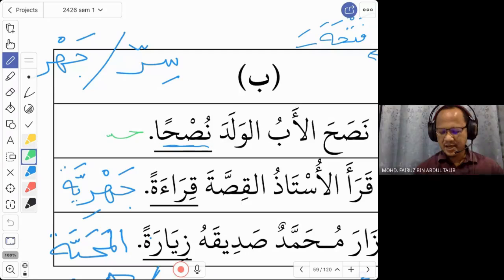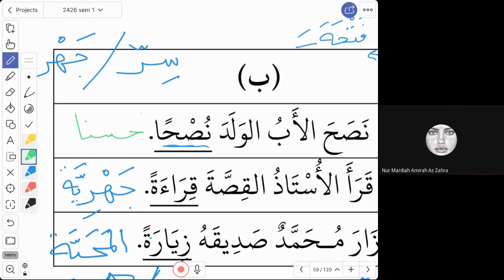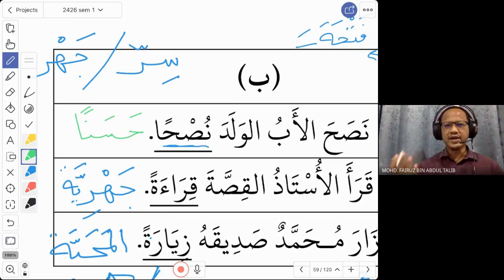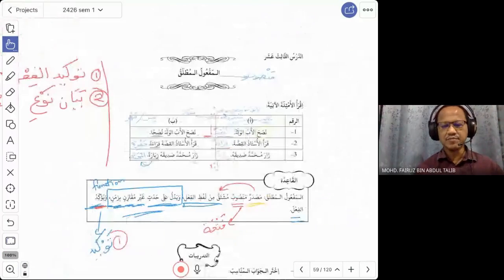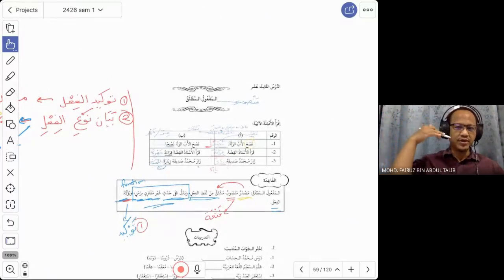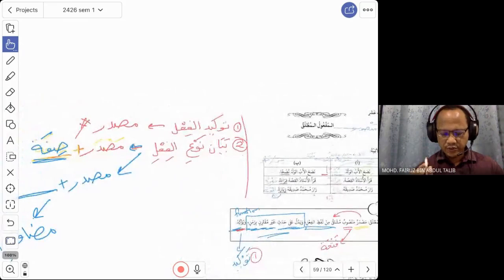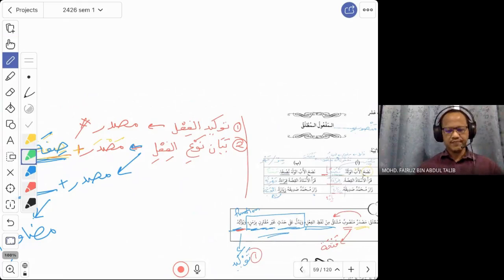Hasanan. Yes, correct. Thank you, Madia. Nushan hasanan. So now you add an adjective to the word nushan, and the function is changed to bayan nau'. It's no longer for tawkid. So these are the examples for the second function, bayan nau'. When we have this kind of sentence, then you know this is to explain the type of it. So these are the two functions of maf'ul al-mutlaq.